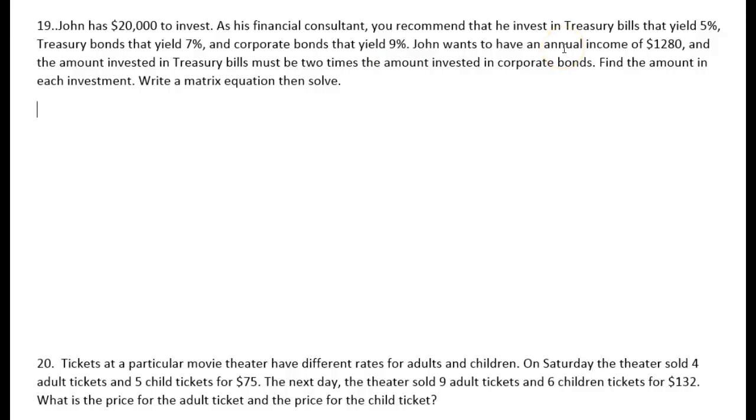John wants to have an annual income of $1,280, and the amount invested in treasury bills must be 2 times the amount of money invested in corporate bonds. Find the amount in each investment.